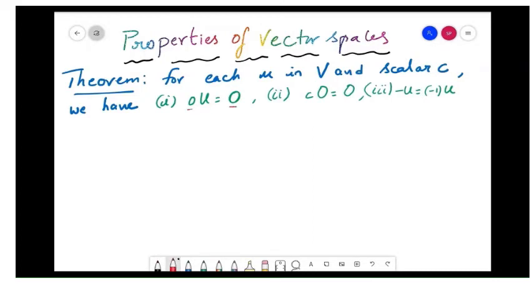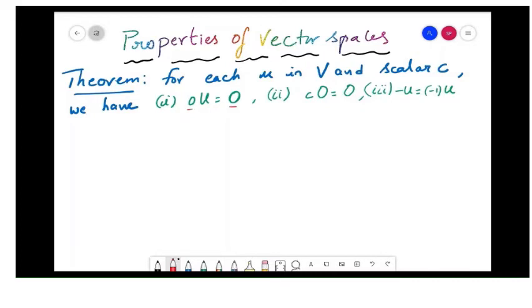If you observe the first one, on the left hand side I have written a small 0 and on the right hand side a little bit bigger 0. What does it mean? The left hand side 0 is a scalar, the numerical 0, which is multiplied with vector u, and that gives you the 0 vector. So on the right hand side I have written a bigger 0, which represents the 0 vector.